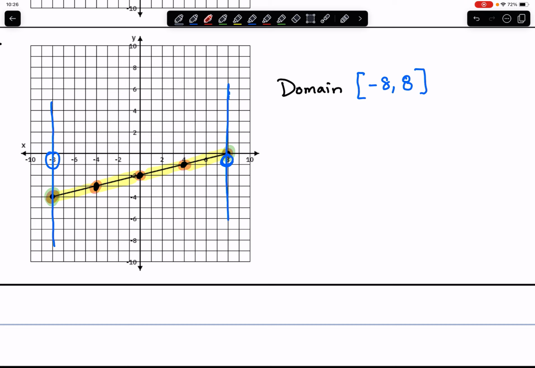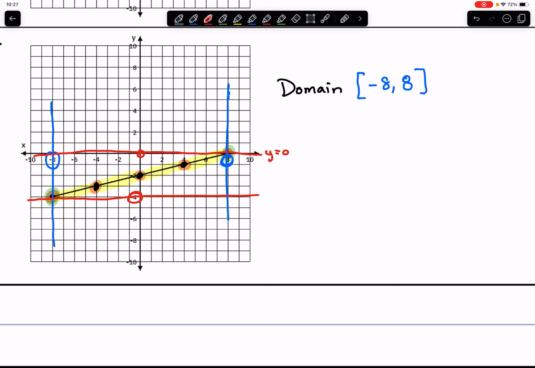Now for the range, the same thing. Since we're considering all of the points, not just the whole points, even the sections in yellow, we have to look at what's the lowest to the highest that the graph reaches. So the lowest the graph reaches is -4 for y, and the highest that the graph reaches is the x-axis, which is y equal to 0.